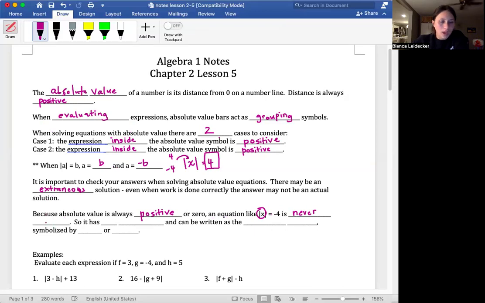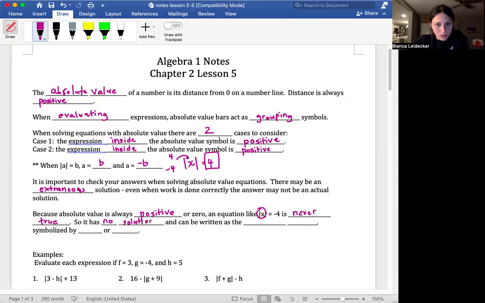So you can't have a solution where the answer to an absolute value problem would be a negative. And so if you have an answer that is a negative, that statement is just not true. So when it's never true, we say it has no solution. That's kind of the math way of saying this is not true.